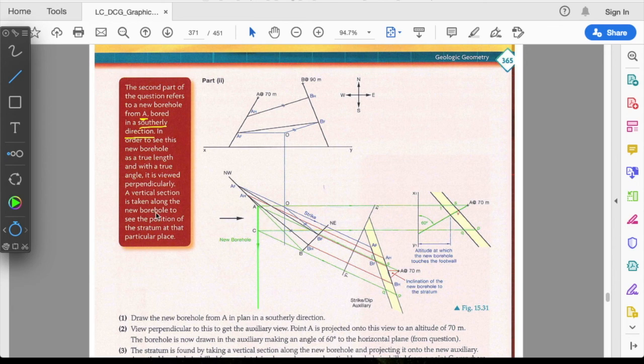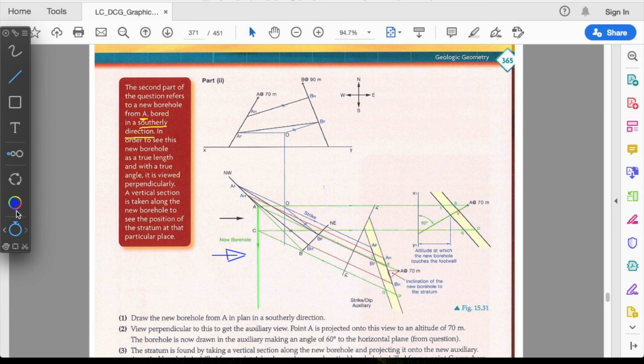If I want to see this as its true length, and again at the 60 degrees that we're looking for, I'm going to project it up so that it is coming in this direction. So we're going to go in that direction up into the view over here, and you'll see we have this view up here.